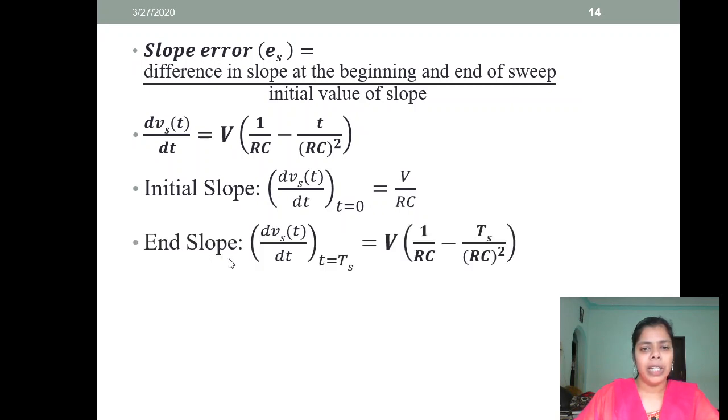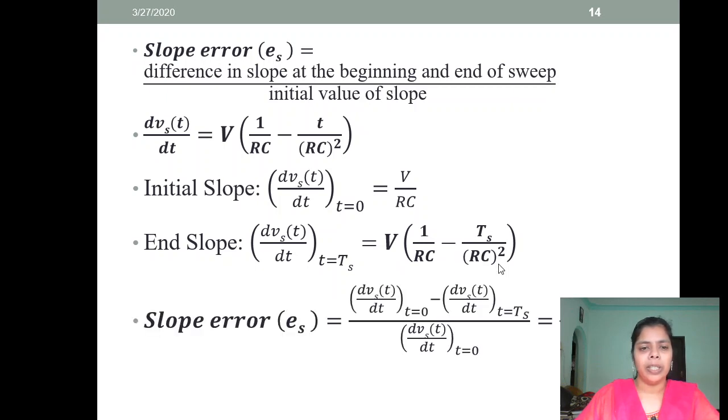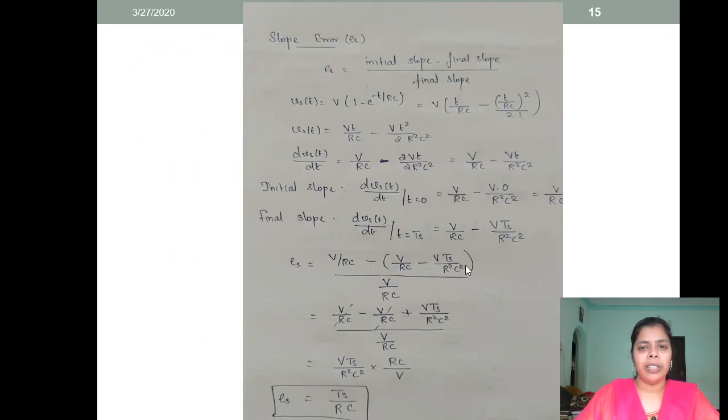If we consider the end slope, that is at t equal to Ts, then it is given by V into 1 by Rc minus Ts by Rc the whole square. When we substitute all these obtained values in the slope error equation, we will get Ts by Rc. This derivation is very simple. You just have to substitute the values and check whether you are getting Ts by Rc. If you find any difficulty, you can refer to this slide, where the whole derivation is given.